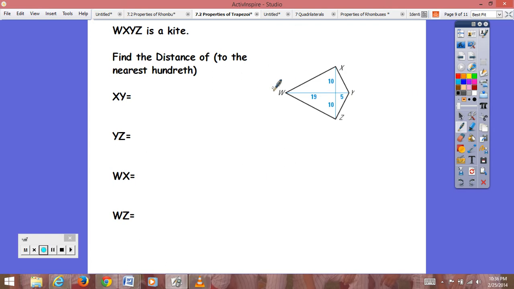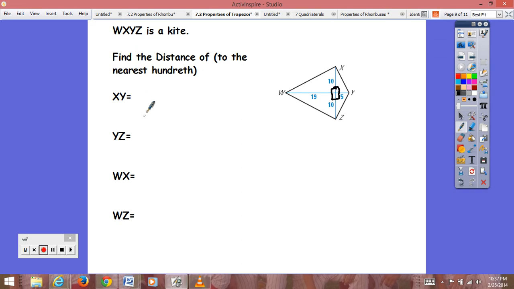So if WXYZ is a kite, we're going to find the length of these four segments rounded to the nearest hundredth. If we start with XY, and this is a kite, we can say that these are all right angles because our diagonals are perpendicular. So we have right triangles with two legs.